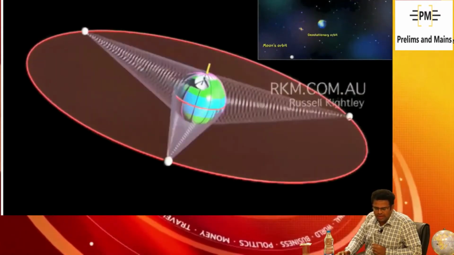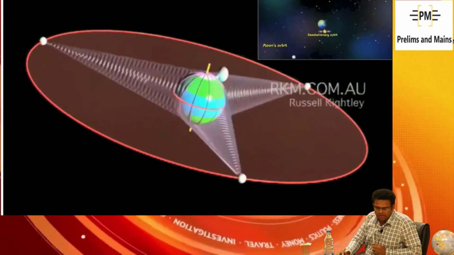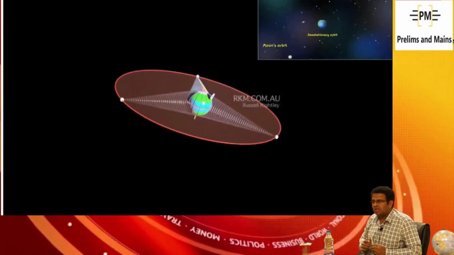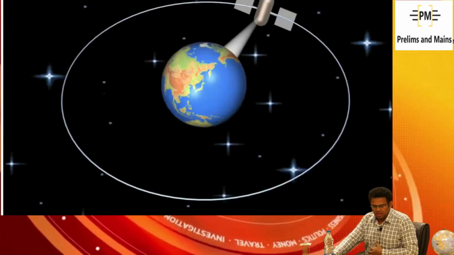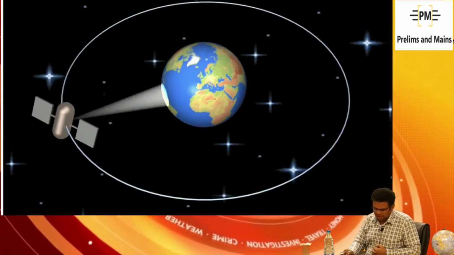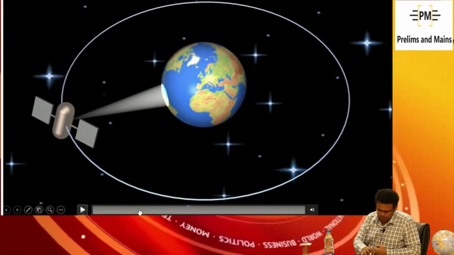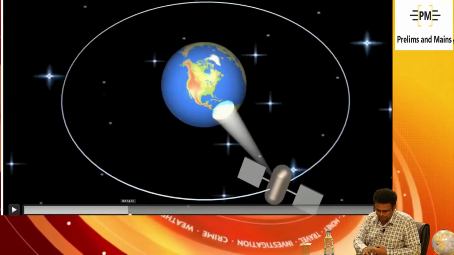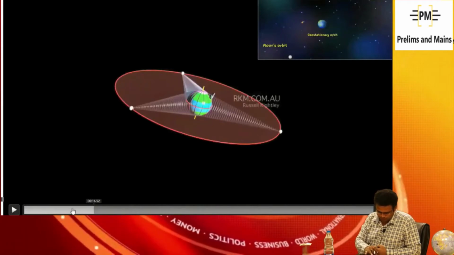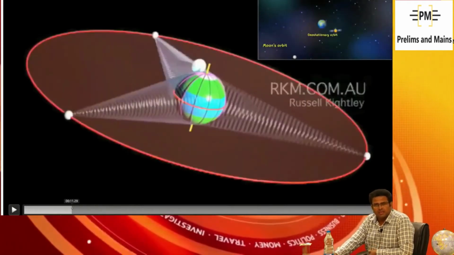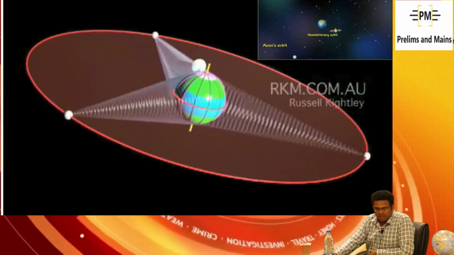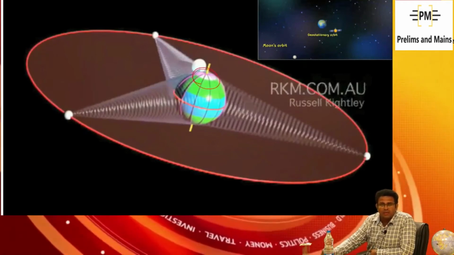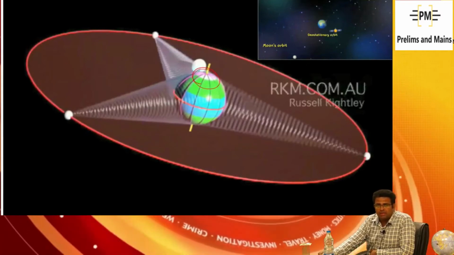Are the signals of the satellites of geostationary earth orbit going toward the high latitude, or better to say the polar region, slant or vertical? Slant, you must be understanding.